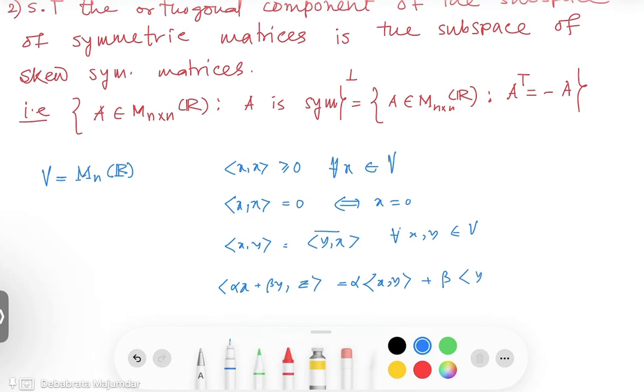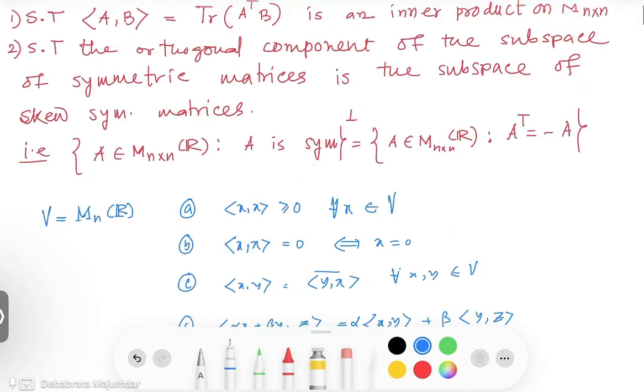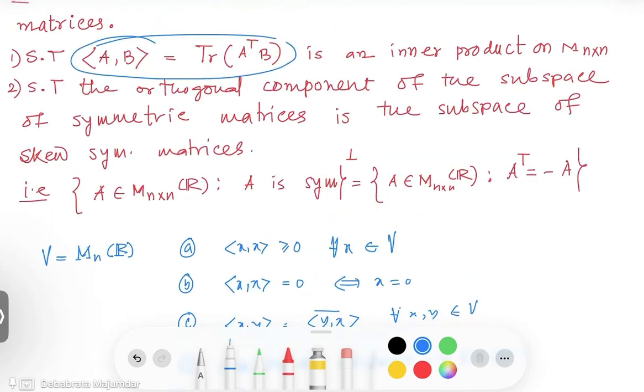So these are the four properties. If this satisfies these four properties, then I will say this is an inner product, right?